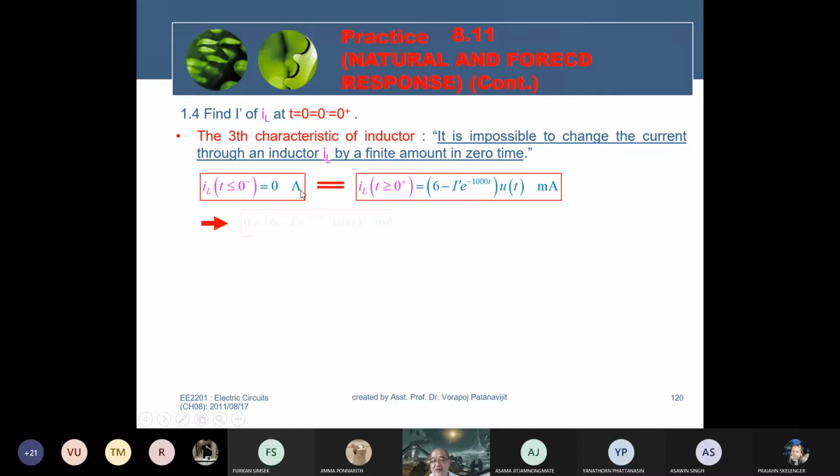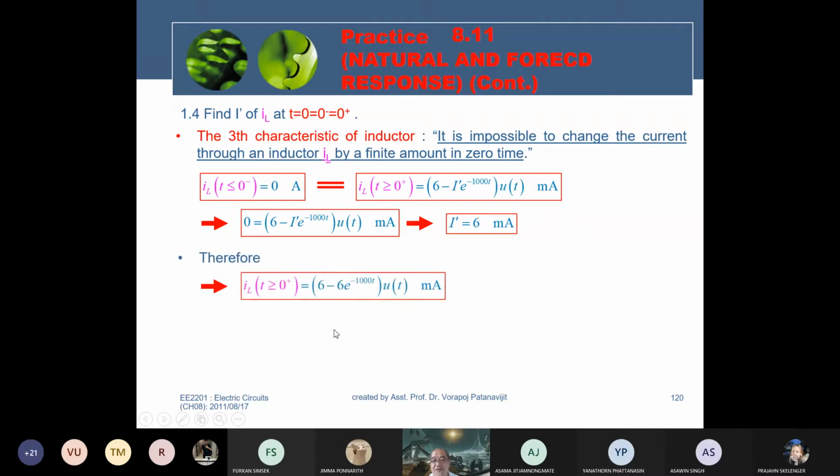From this, you substitute t equal to 0, and you get I equal to 6 milliamp. Substituting it, you get the general form of the inductor current to be 6 minus 6e to the minus 1000 t.